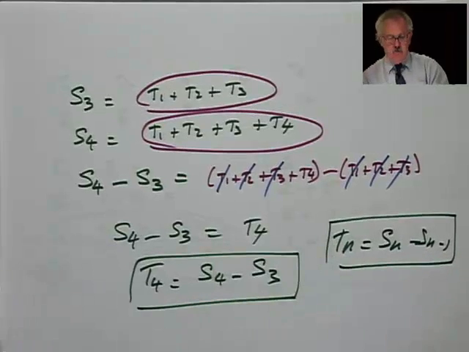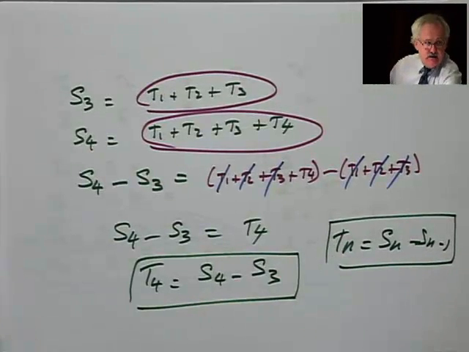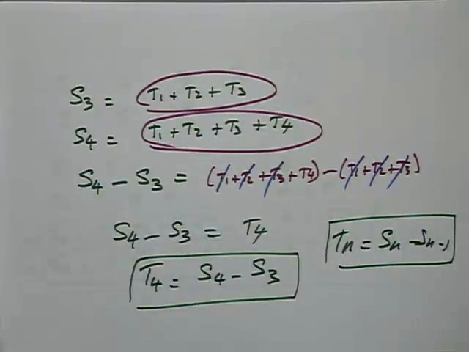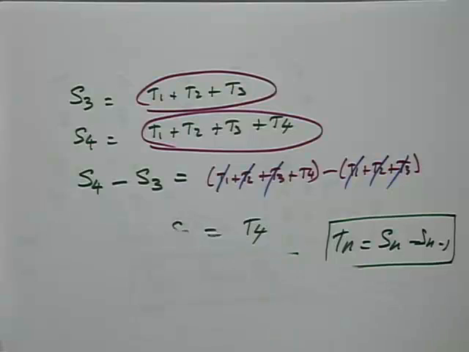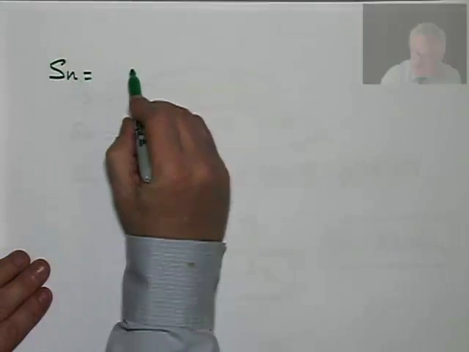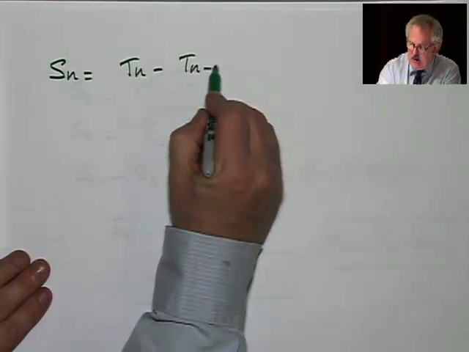Effectively what we're saying is that Tn is equal to Sn minus Sn minus 1.